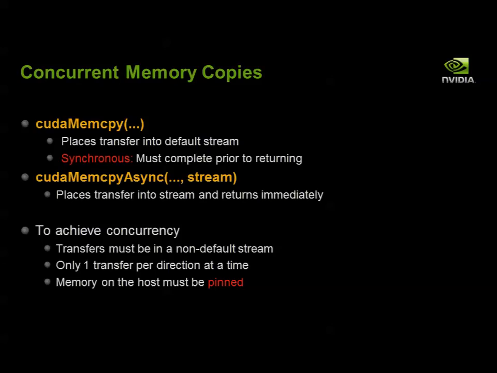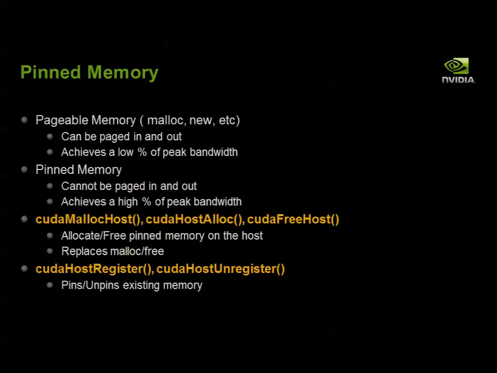So if you want to have overlap between kernel execution and memcopy, you need to use CUDA memcopy async. There is one caveat: on the host side, there are actually two different types of memory. In the simplest form, you have pageable memory. Those are memory pages, and I think I have another slide on that.